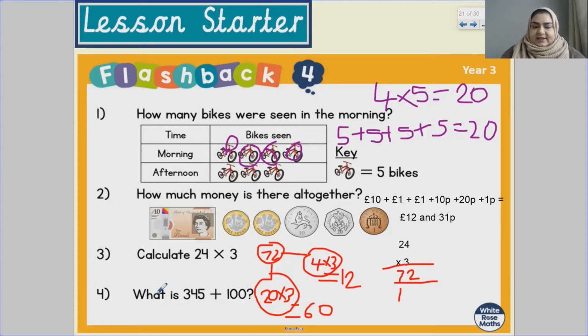Okay, now it says what is 345 plus 100. You could have done it using the column method way, or you might have done it mentally. So mentally, I will say, because those two are 4 and 5, I'm not adding anything to these because they're staying the same.